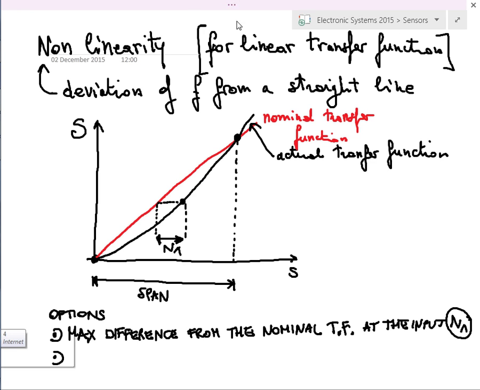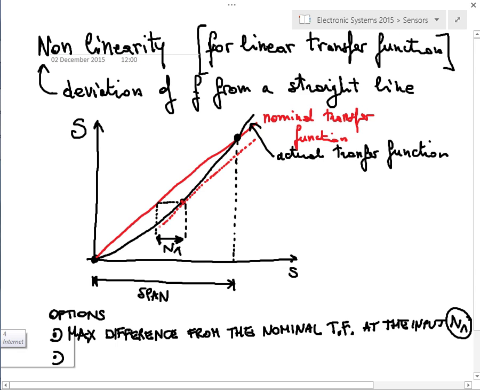So for example, one defines this as the most relevant point, one traces the straight line which is tangent to the actual transfer function at the point, because one really wants to measure this part, and then the maximum deviation of the actual transfer function from this straight line is here. So this would be N2.